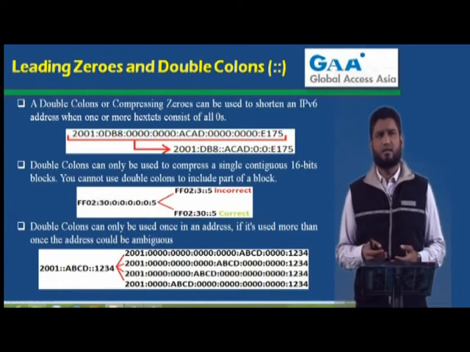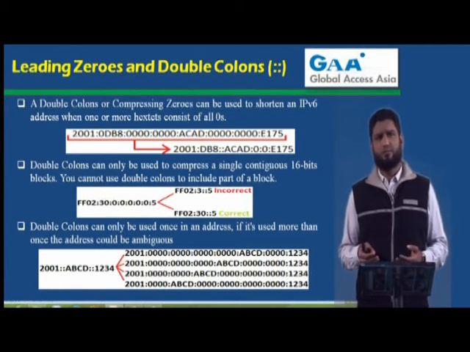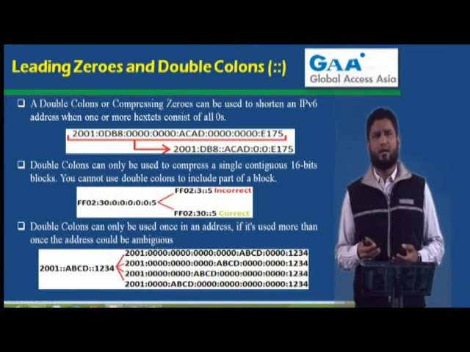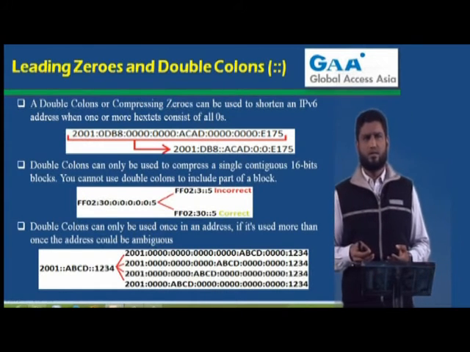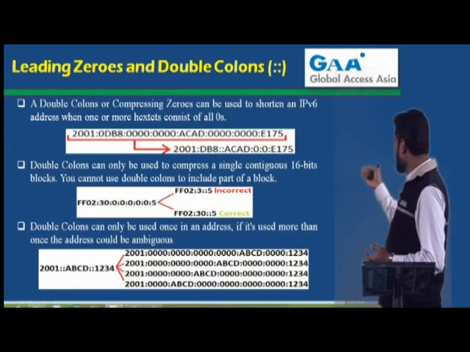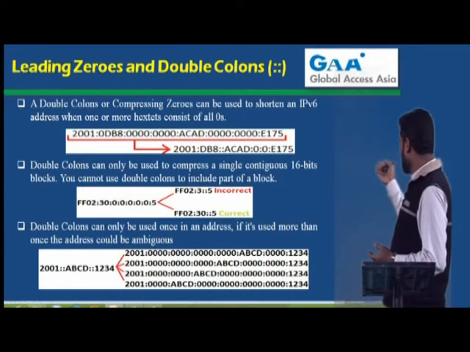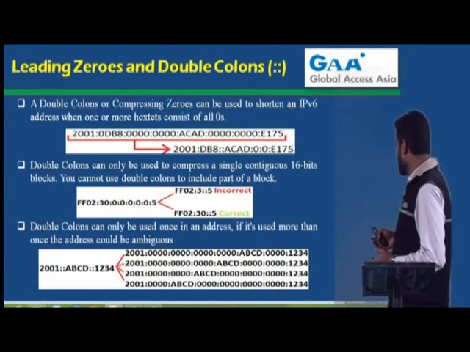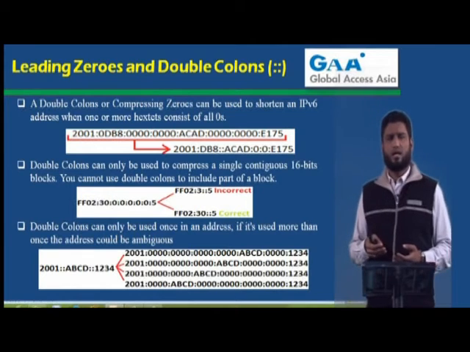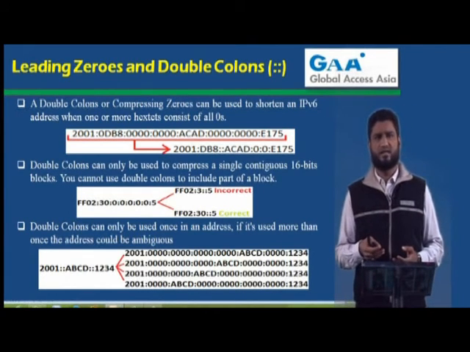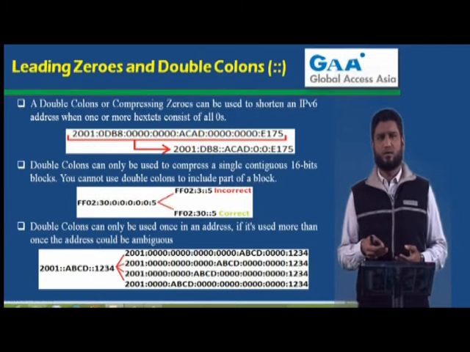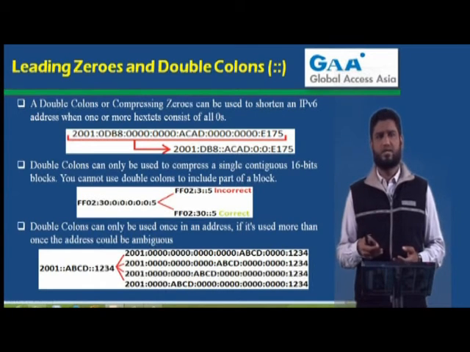You can see the double colon, or compressing zeros, can be used to shorten an IP version 6 address when one or more hextets consist of all zeros. Look here, some hextets of the IP version 6 address are given, and how the double colon can be presented in the rewritten format.